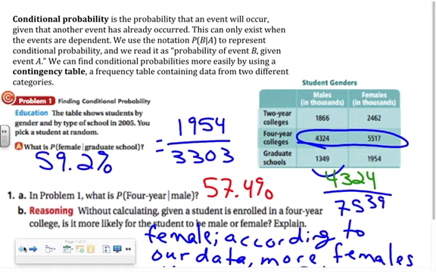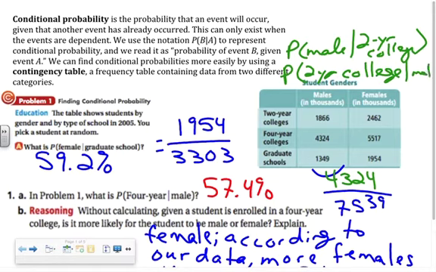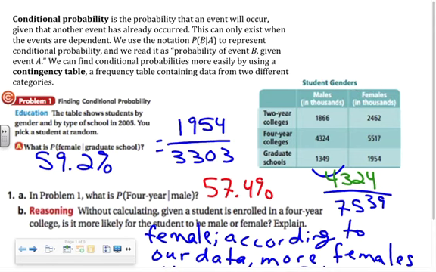Okay, so I'd hope that you'd realize that, for example, back here, the probability of male, given that it's a 2-year college student, would not be the same as the probability of a student being at a 2-year college given that they're male. Okay, so I want to stress to you the importance of understanding the order in which you're figuring this out.